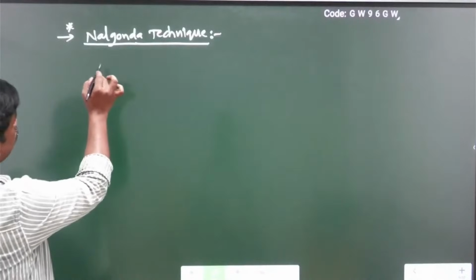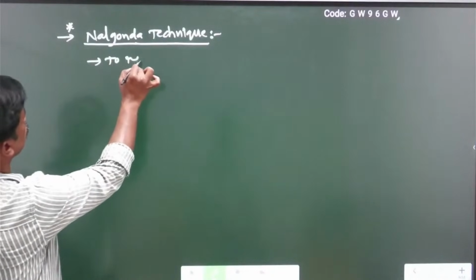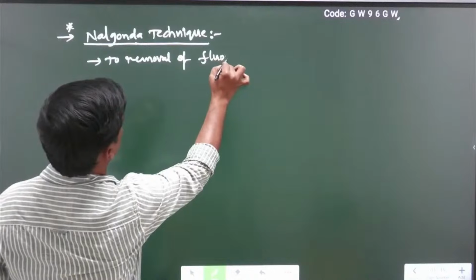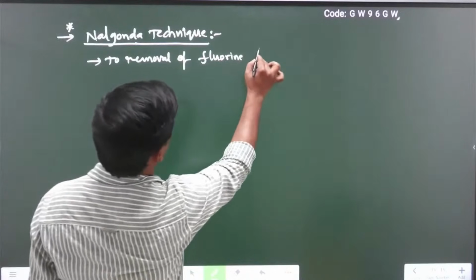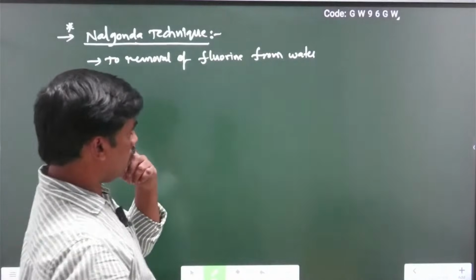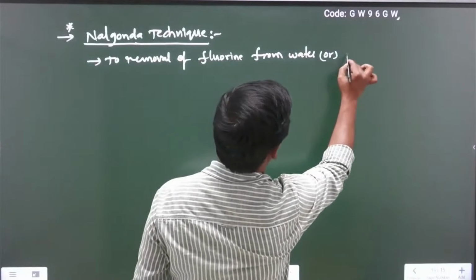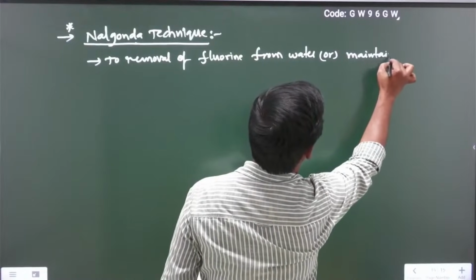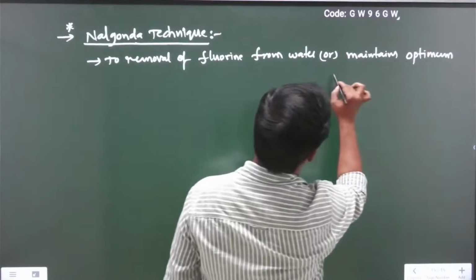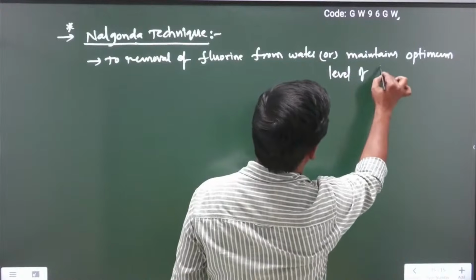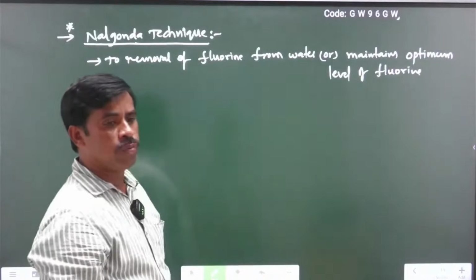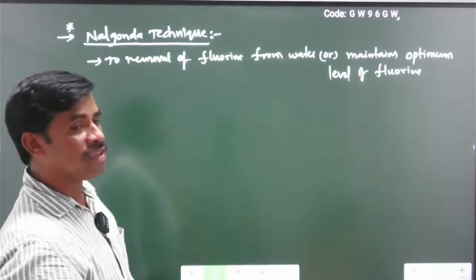Here, listen, the main aim is removal of fluorine from water, or maintaining the optimum level, which means fluorine mostly should not exceed 2 ppm, less than 2 compulsory.